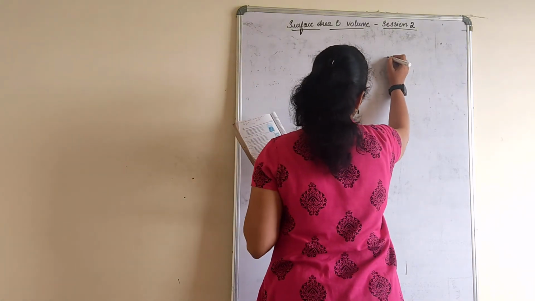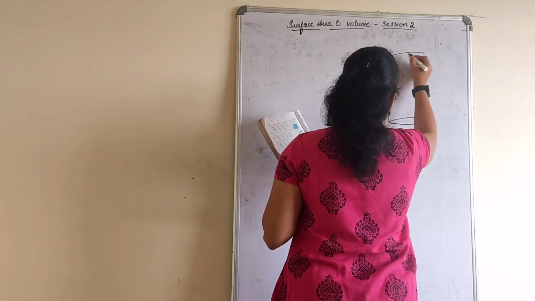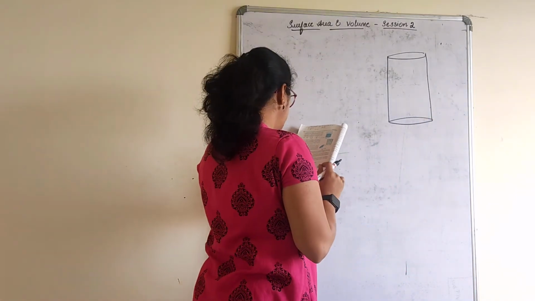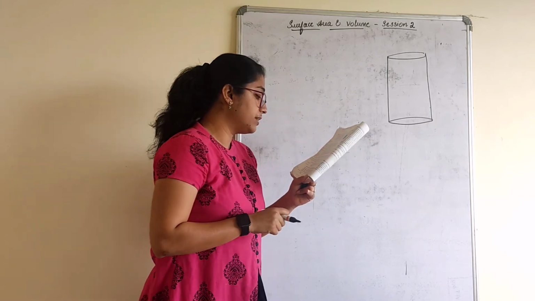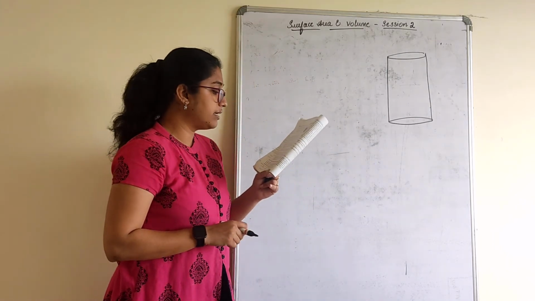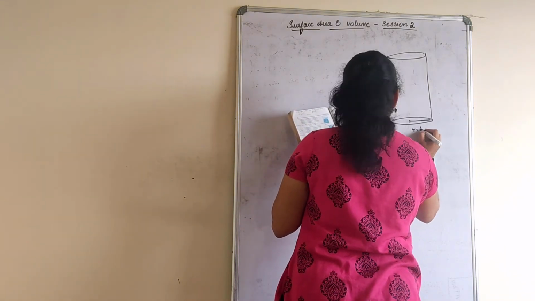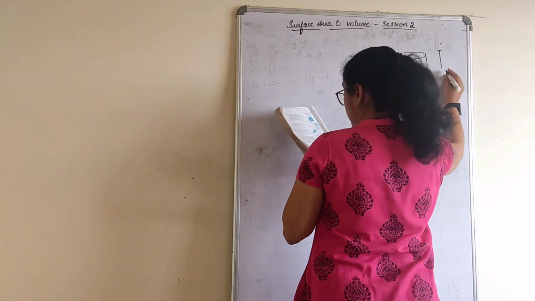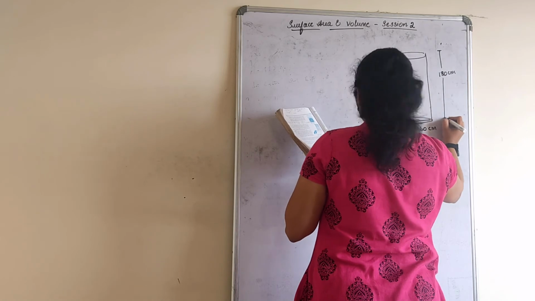That means I have a cylinder which is filled with water, right, which touches the bottom. Find the volume of the water left in the cylinder if the radius of the cylinder is 60 cm and height is 180. Radius of the cylinder is 60 cm and height of the cylinder is 180 cm.